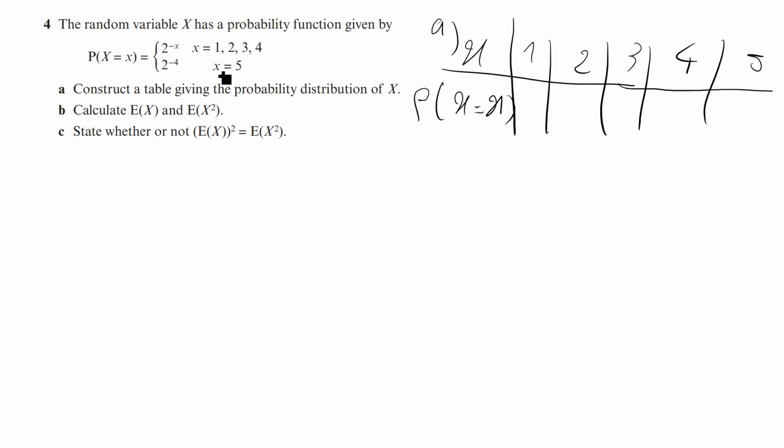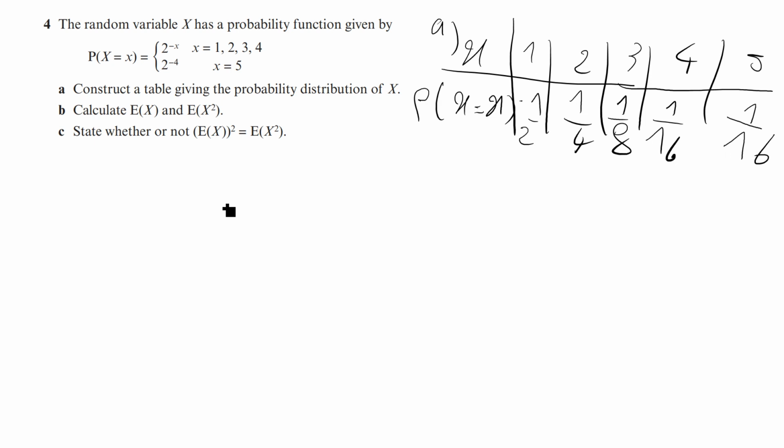And so the probability of x will be a half, here a fourth, here an eighth, and here a 16th. And also the same thing with the probability of 5.